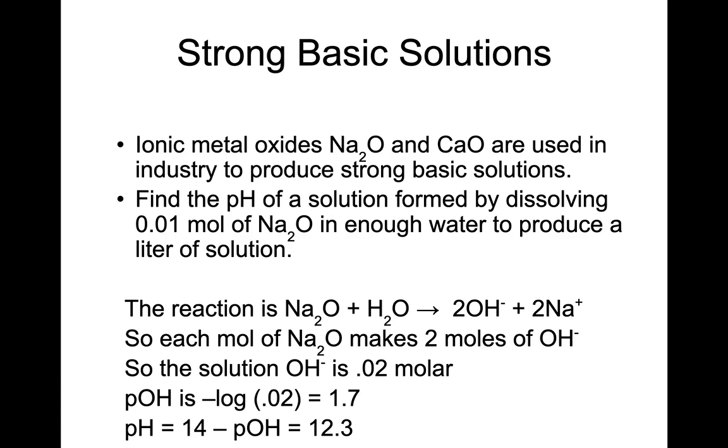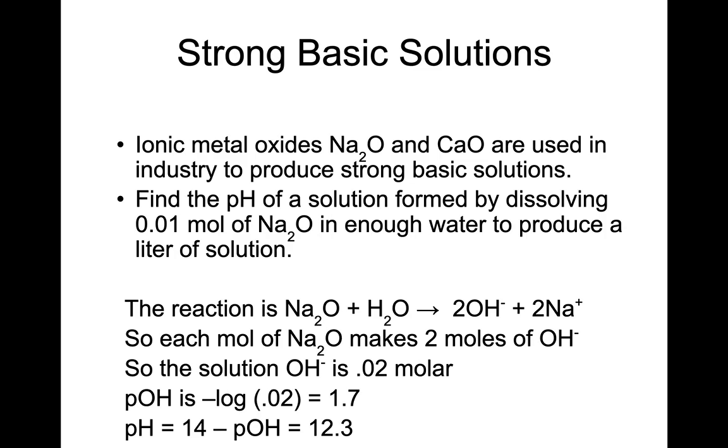So here are the steps for that. Our reaction then is going to be sodium oxide reacting with water to produce hydroxide ions and sodium ions. And when we balance that equation, we find that every 1 mole of sodium oxide that reacts is going to produce 2 moles of hydroxide ions.